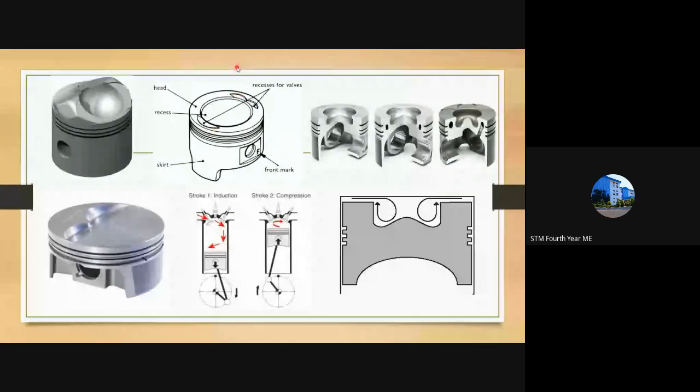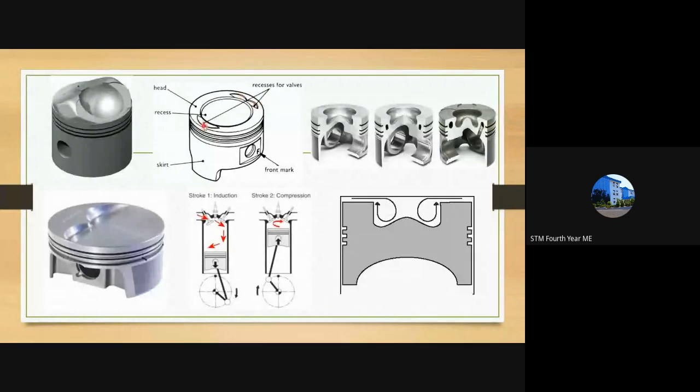The piston is moving upwards and downwards, and due to that, the valve may come into contact with the piston. To reduce the damage on the valves, such recesses are formed. This is called a recess.